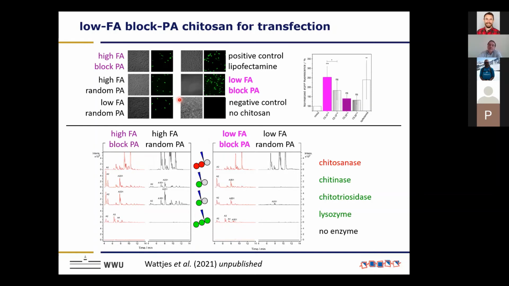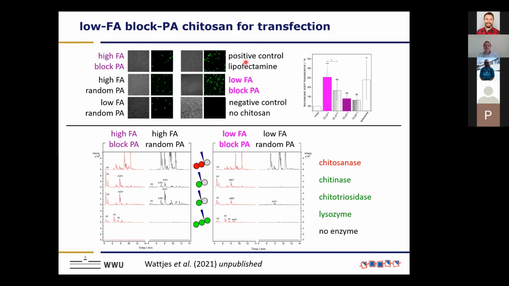So we have used this chitosan for transfection of human cells. And we can see here, so we have used the chitosan to create nanocapsules into which we have added DNA for the green fluorescent protein. And then we can see that in a negative control with no chitosan, there is no transfection.